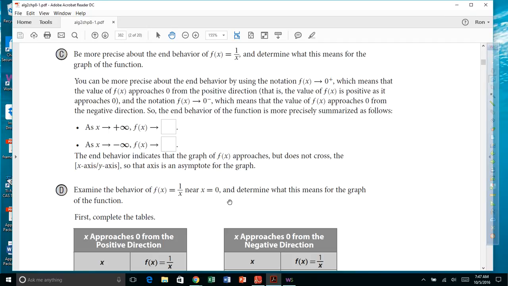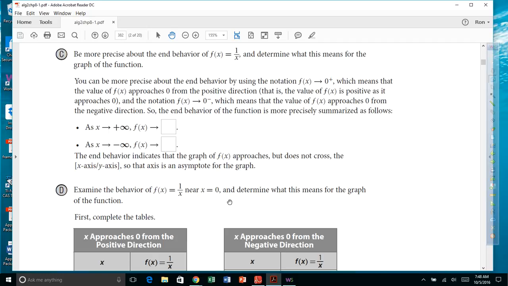That is, the value of f of x is positive as it approaches 0. And the notation f of x approaches 0 negative means the value of f of x approaches 0 from the negative direction.